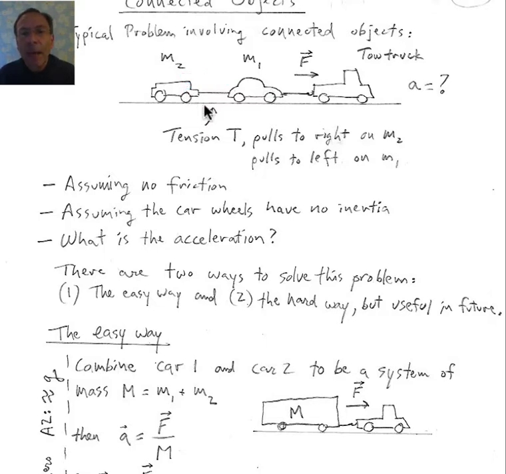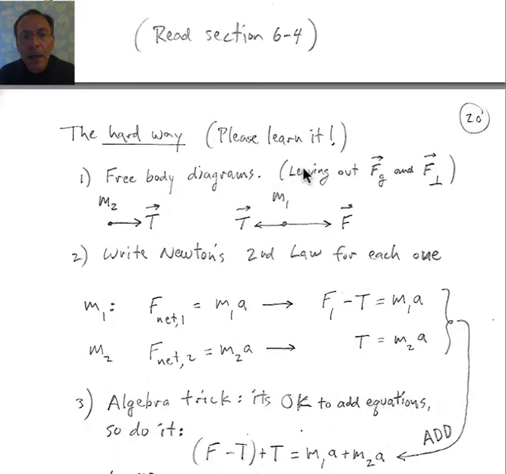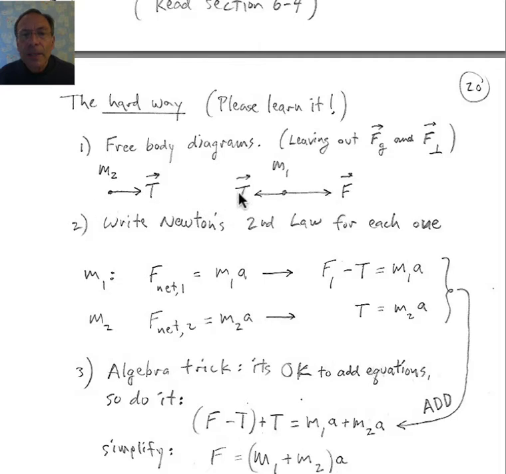So if I go back here, the tension T is pulling to the left on mass 1, and the tension T is pulling to the right on mass 2. Going back to mass 1, here's the pull of the pickup truck.